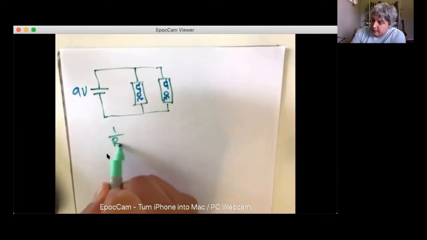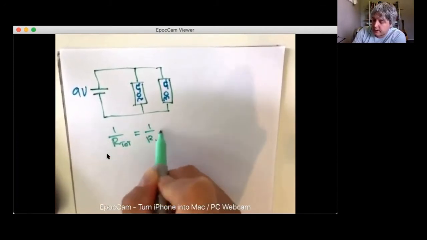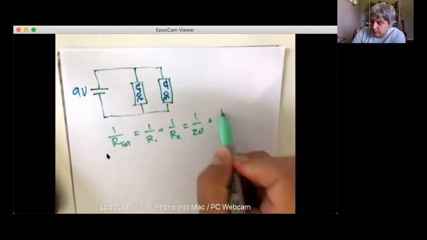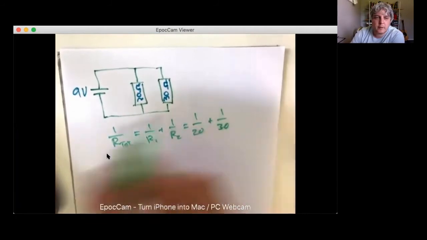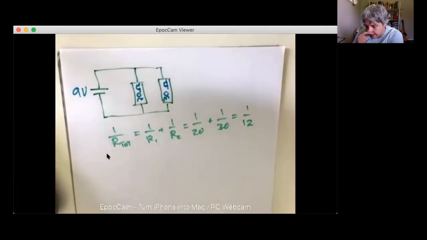So the parallel resistors means that 1 over R total is equal to 1 over R1 plus 1 over R2, which is equal to 1 over 20 plus 1 over 30. 1 over 20 plus 1 over 30 is equal to 1 over 12. You can use your calculators for that if you want, 1 over 12.